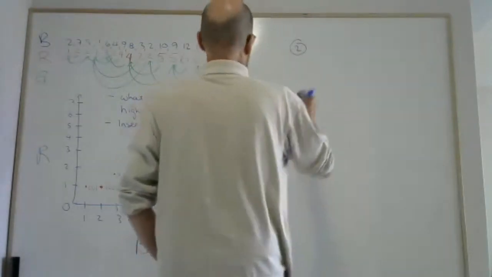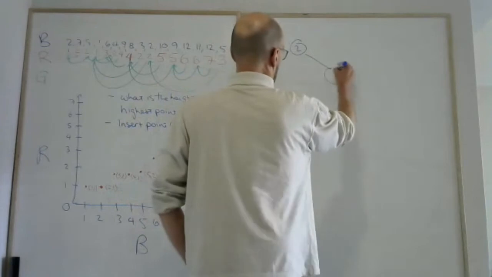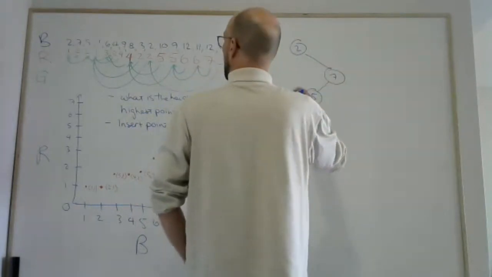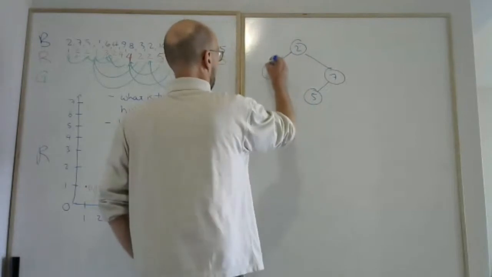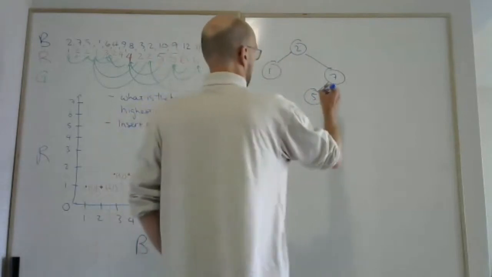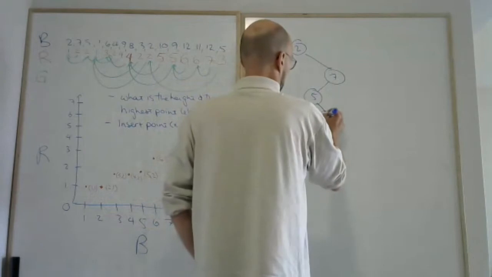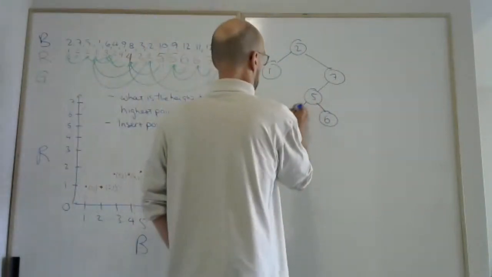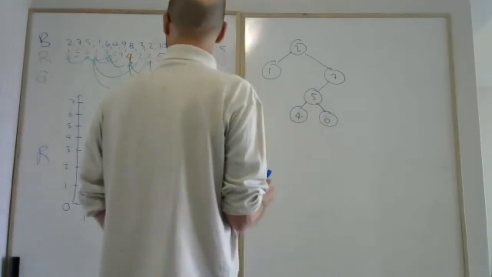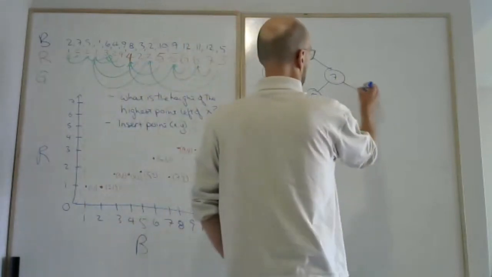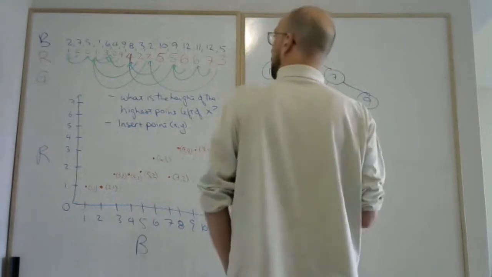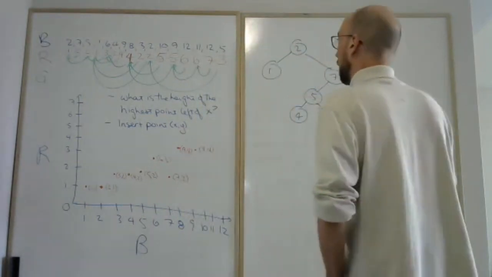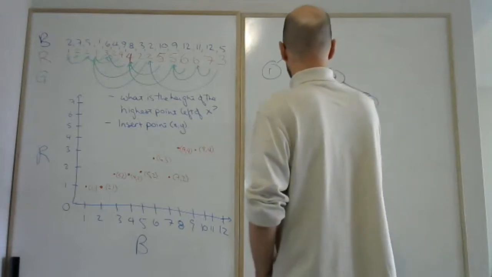And then we insert 7. And then we insert 5. And then we insert 1. And then we insert 6. And we insert 4, and insert 9, and 8, and 3.